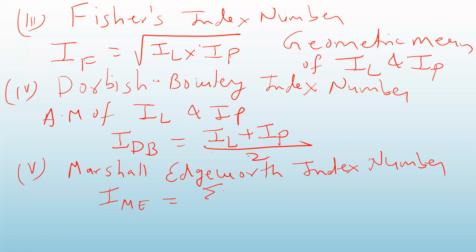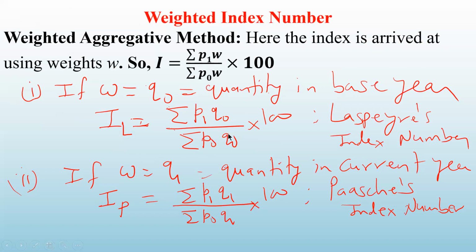In the denominator, you take the sum of the denominators of IL and IP. The denominator of IL is summation P0 Q0, and in IP it is summation P0 Q1.